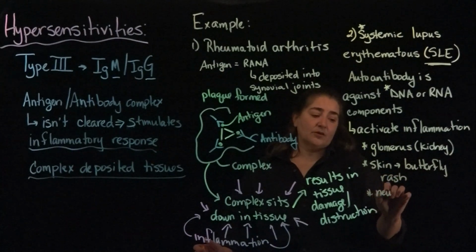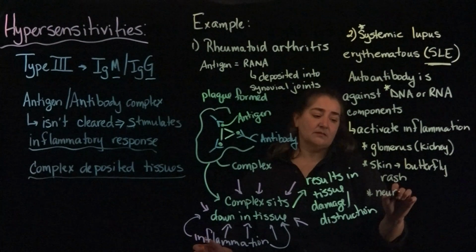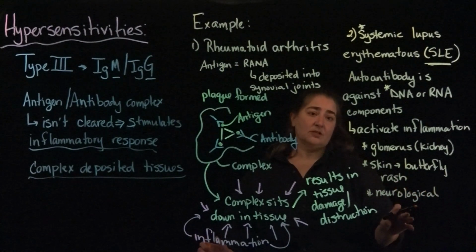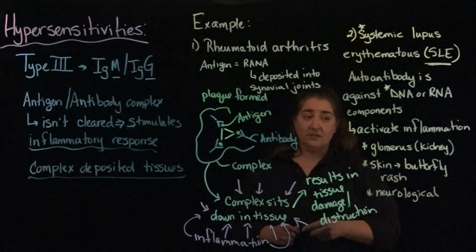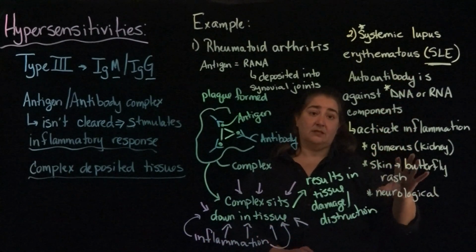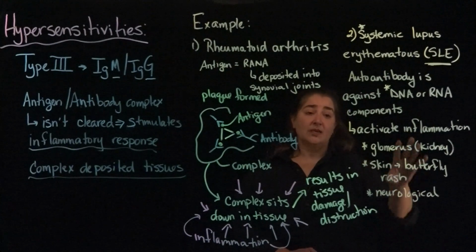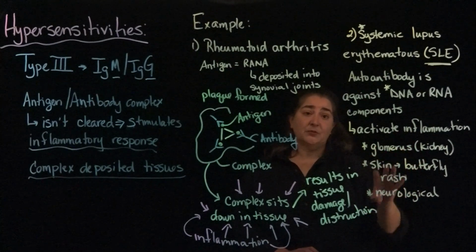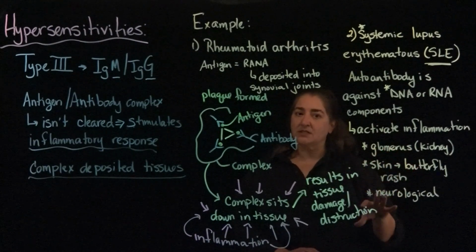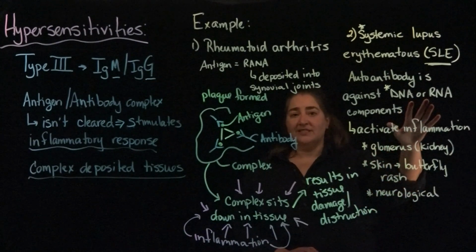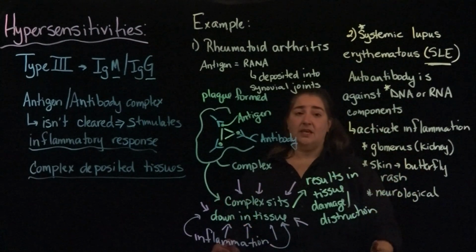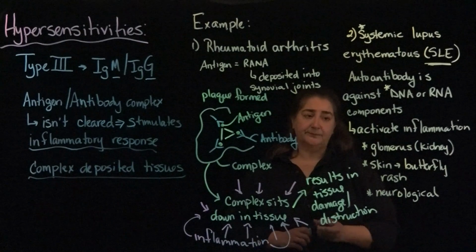And then there also can be neurological issues associated with it. It just depends on where the autoantibodies happen to be destroying tissue. And with individuals who have lupus, the symptoms can move from system to system depending on where the DNA is revealed and the antibodies recognize that as foreign.